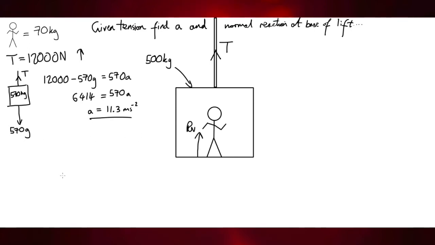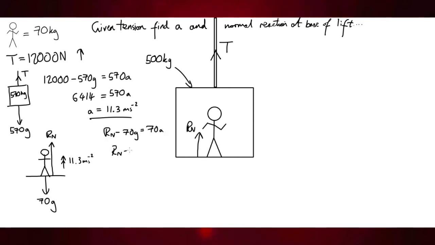To find the reaction normal, let's just look at the base of the lift and our plucky lift rider. The person in the lift has a mass of 70, which means they have a weight of 70 g. The reaction from the floor of the lift must be greater than 70 g because they're moving upwards at 11.3 m/s^-2. So to work out this reaction normal, we do Rn minus 70 g equals 70 a.